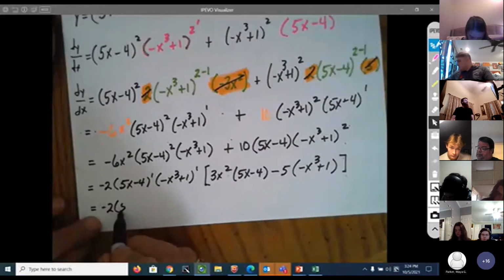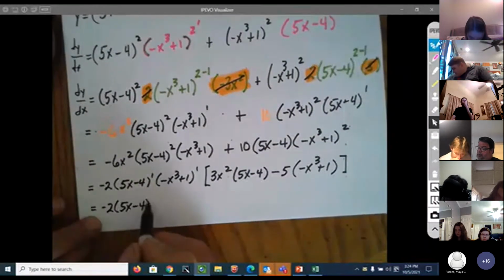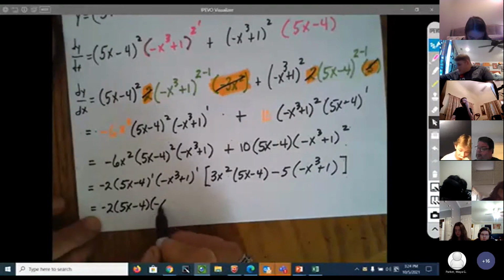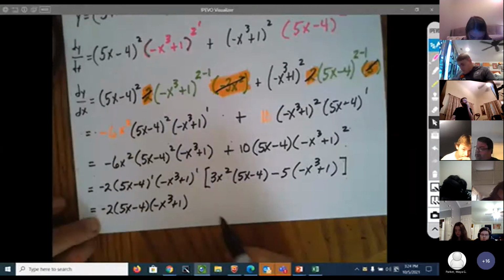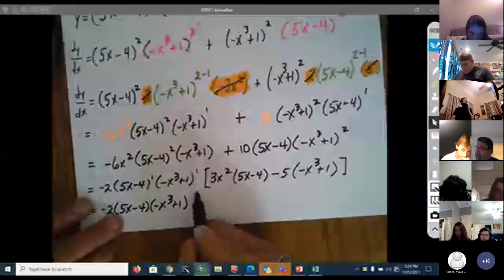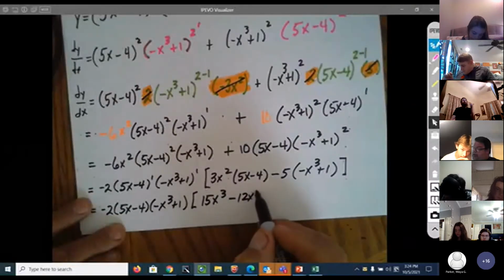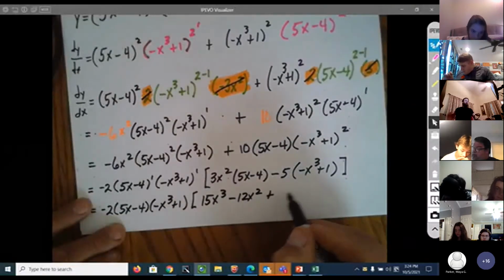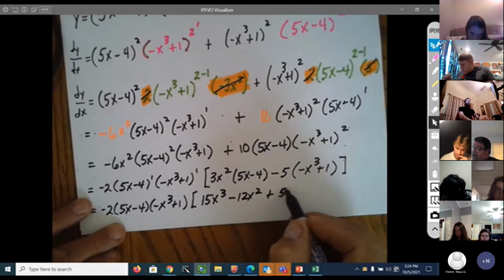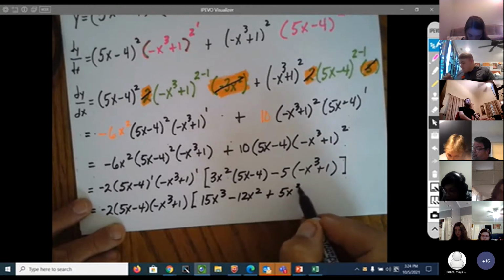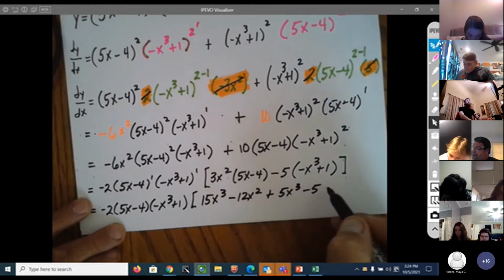Negative 2, (5x - 4), (-x^3 + 1), times 15x cubed minus 12x squared plus 5x cubed minus 5.